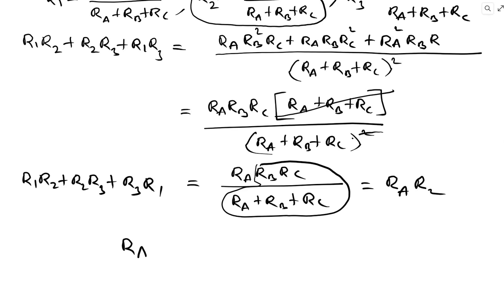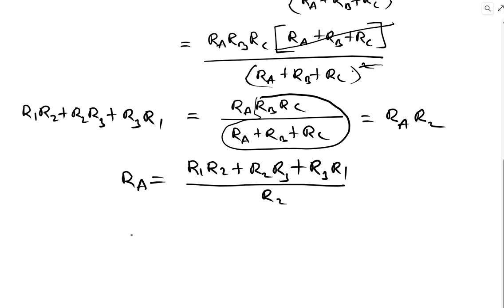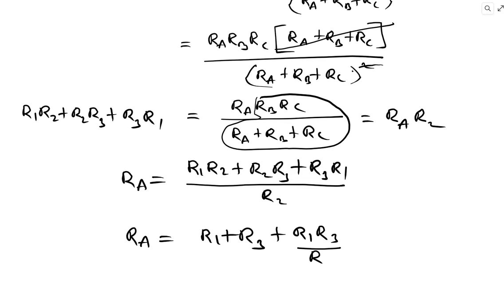RA equals R1 R2 plus R2 R3 plus R3 R1 divided by R2. If you separate the fraction, R2 gets cancelled in the first term, giving R1, and in the second term R2 gets cancelled, giving R3, and the last is R1 R3 by R2. So this is RA.